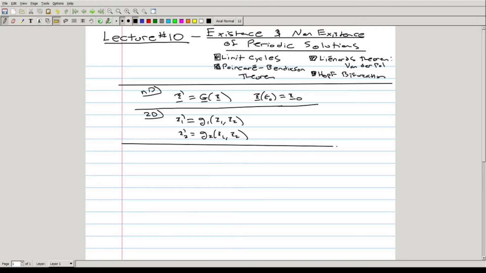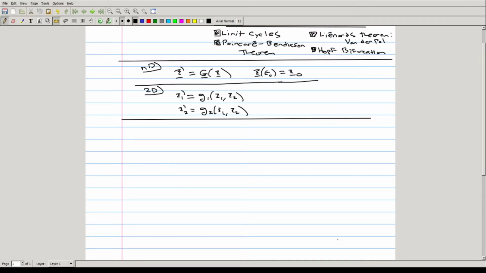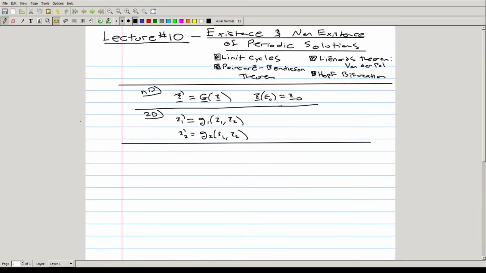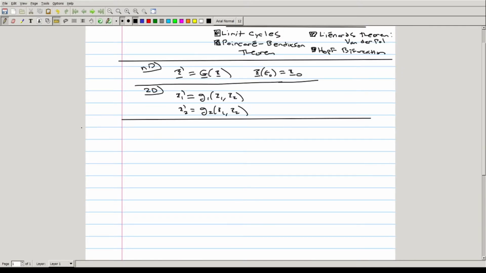All of the ideas in 2D that I'm going to develop and go over can be generalized to 3D and any number of dimensions as well. But when you do that, there are a lot of other things that can possibly go wrong. In 3D, systems of differential equations can exhibit very complex behavior, such as chaos, which we'll get into a little bit later.